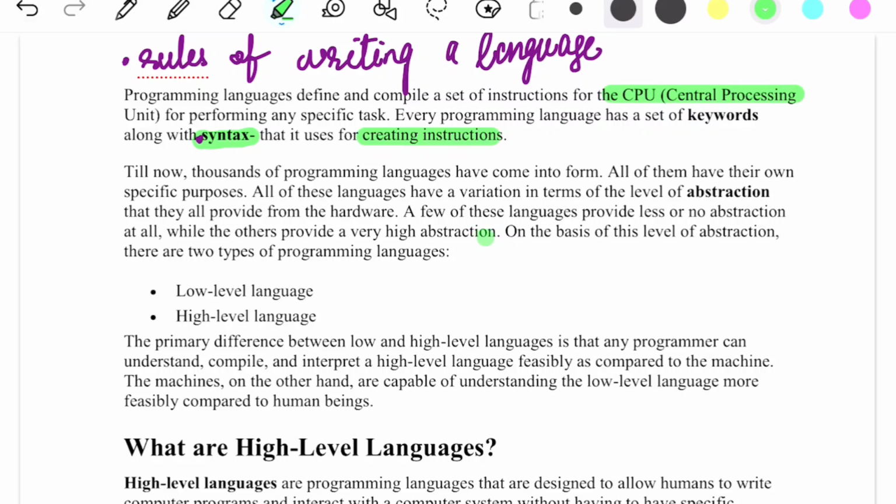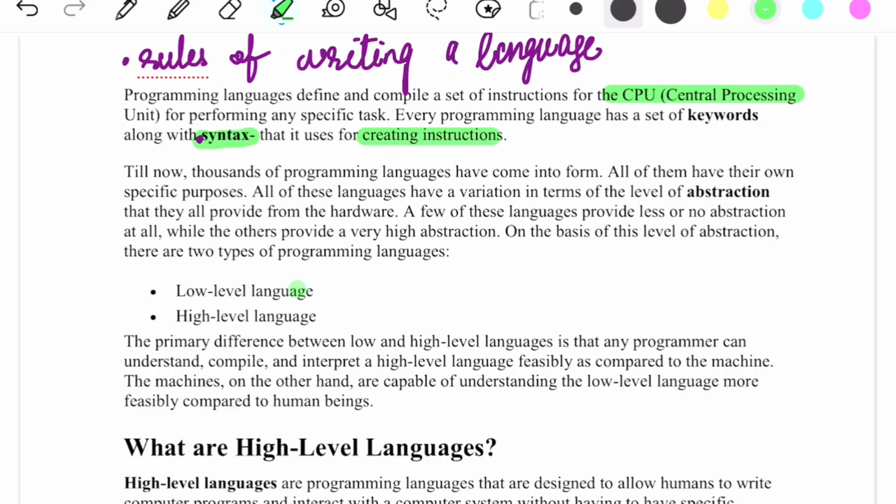Similarly, in these programming languages, we know the basic things, we know the syntax, but we don't know how the code works behind the screen, in terms of chips, in terms of binary numbers. A few of these languages provide less or no abstraction at all, while others provide a very high abstraction. So we are going to differentiate between programming languages in terms of abstraction.